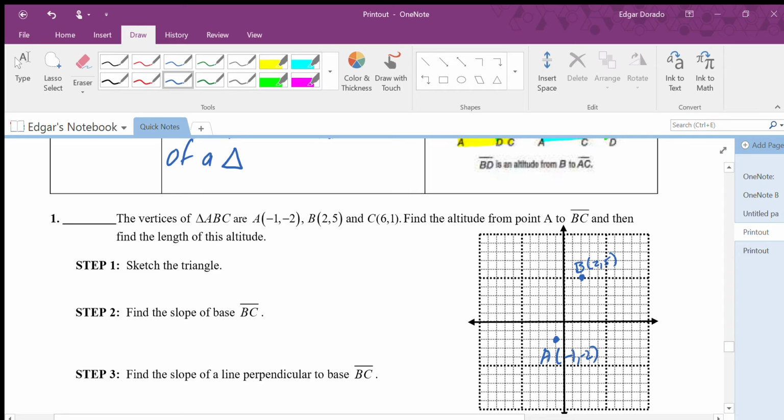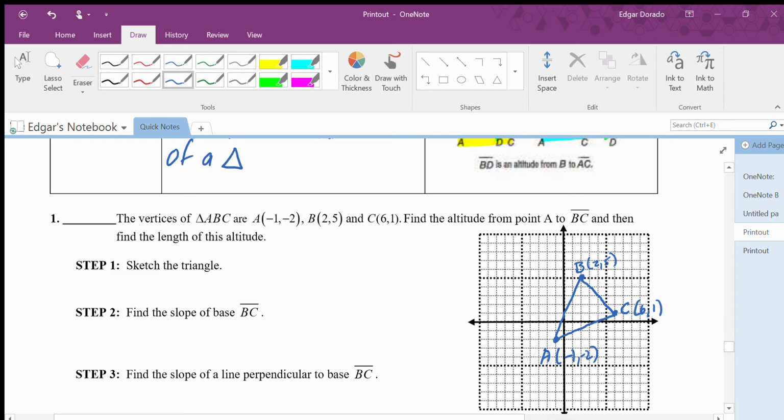And then finally, we're going to have C, which is 6, 1. All right, so let's go ahead and draw our triangle in by connecting all of our dots. All right, that's my triangle ABC.